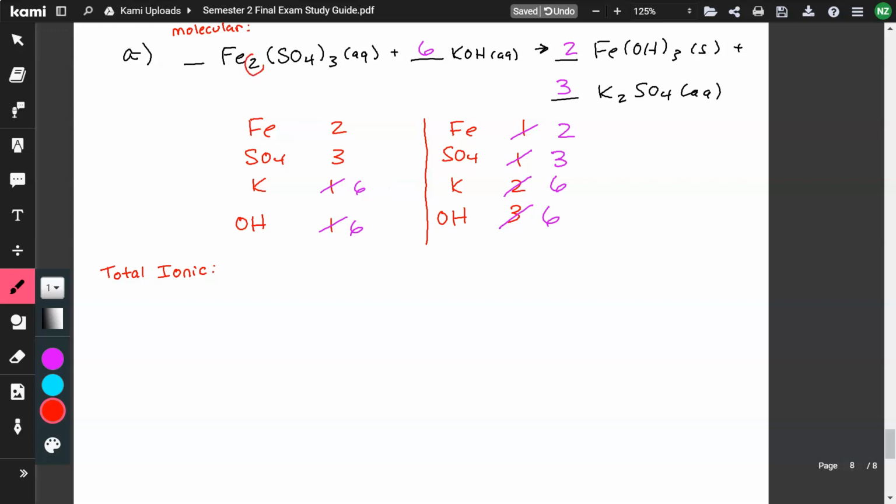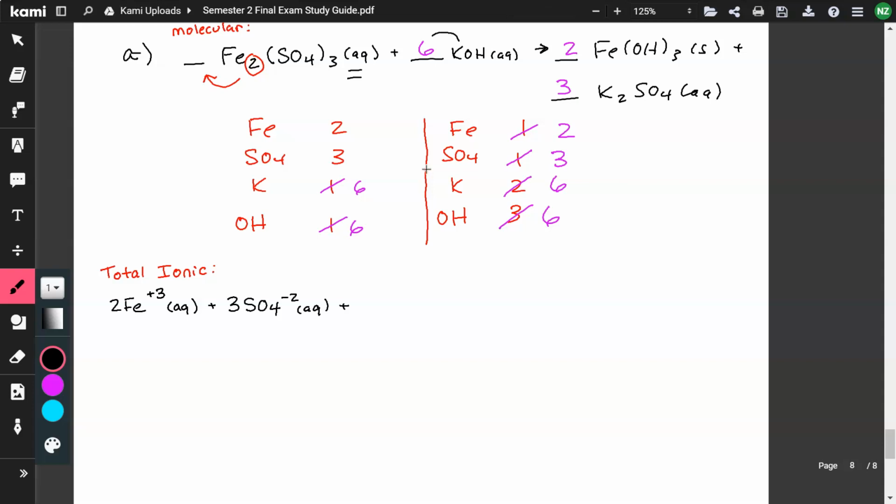Anything that has a subscript, that subscript will get pulled out in front. So let's do this. So we have 2 Fe, iron. Iron is +3. And we're going to carry over the state of matter, so it's going to be aqueous. And then we have our SO4. Again, we have a 3 in front, so it'll be 3 SO4 minus 2, aqueous.